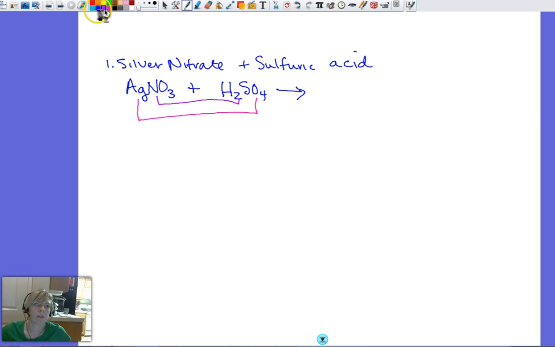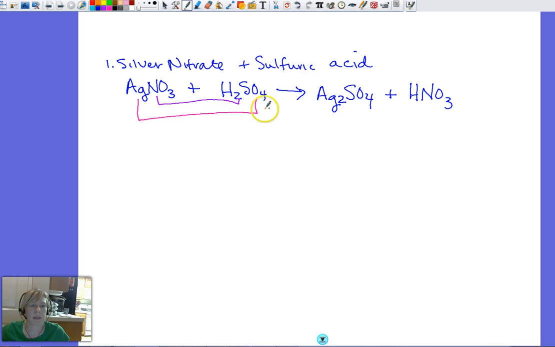Now when we look, we'll write these first. So Ag is plus 1 and SO4 is 2 minus, so we're going to have that 2 come down to the Ag: Ag2SO4, plus our H, and H is plus 1, NO3 is minus 1, so we have HNO3, that's nitric acid.